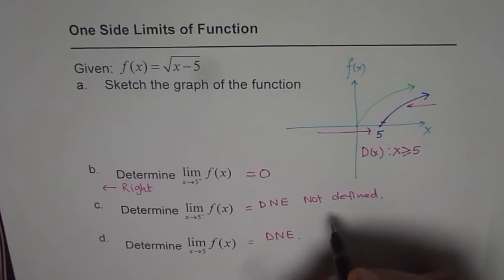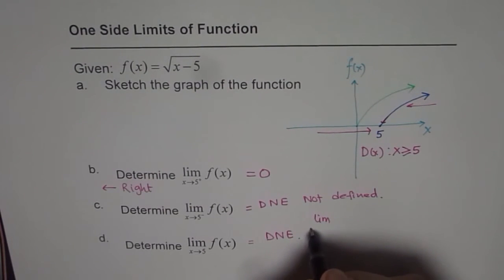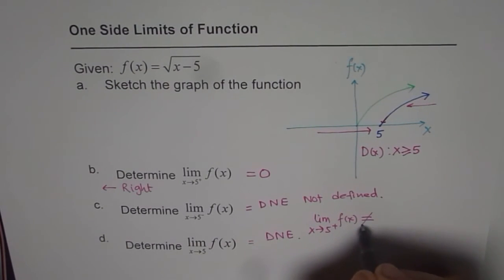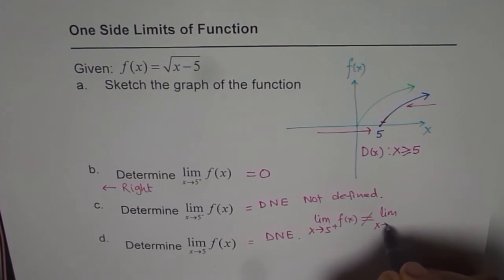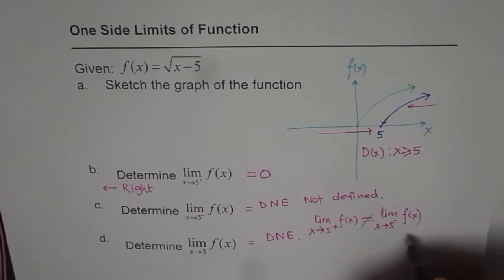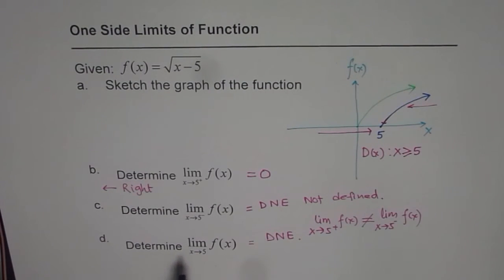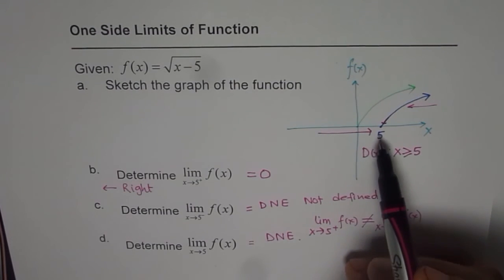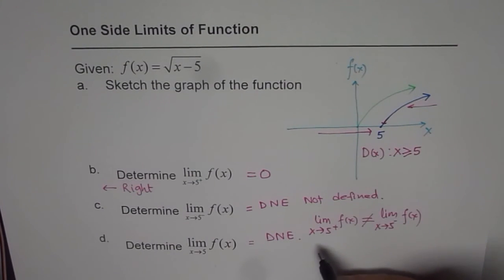So the reason here is, you can write down that limit as x approaches 5 from the positive side for the same function is not equal to limit as x approaches 5 from the negative side for the function f. It does not exist. Or you can also write that since the limit does not exist as we approach 5 from the left side, the limit as x approaches 5 does not exist. So you can use any of these statements, whichever you feel comfortable with. Both are absolutely correct statements, right? So that is how you need to answer these questions.